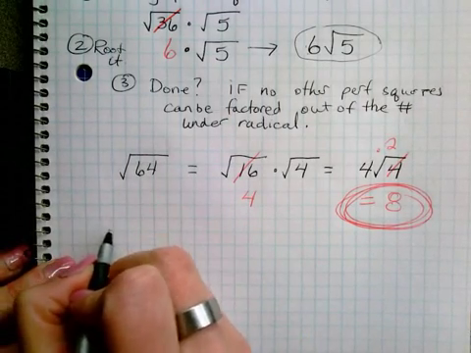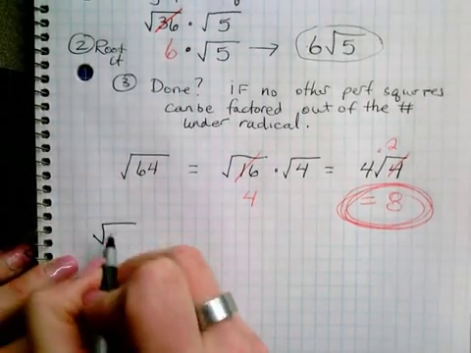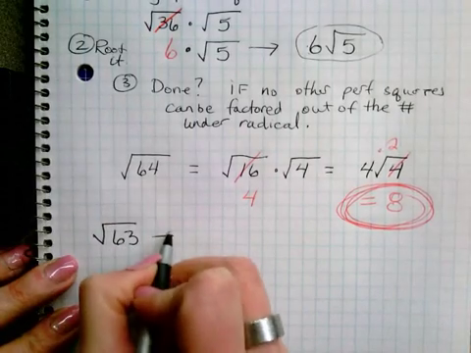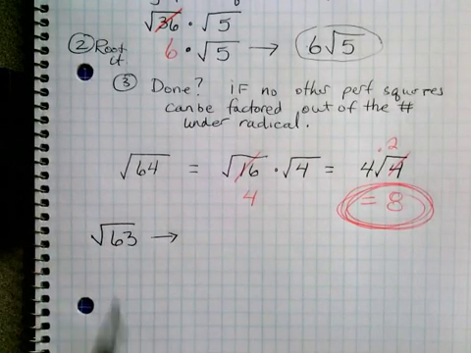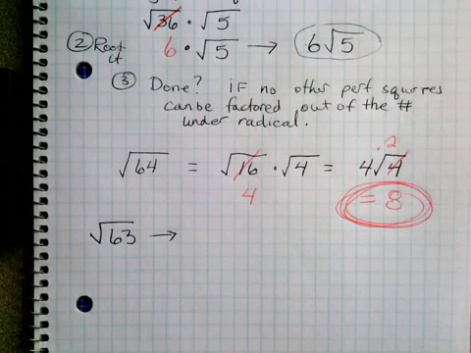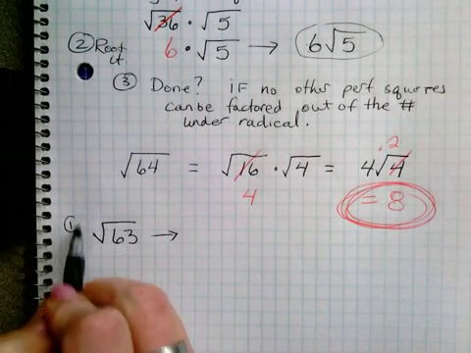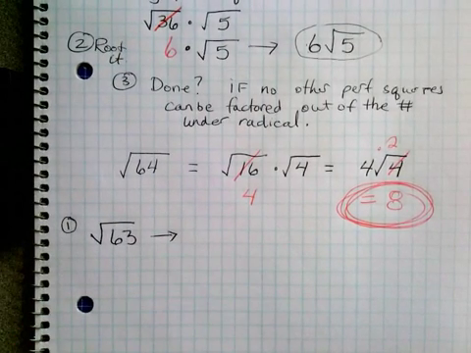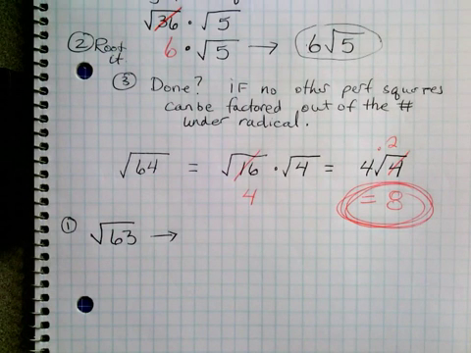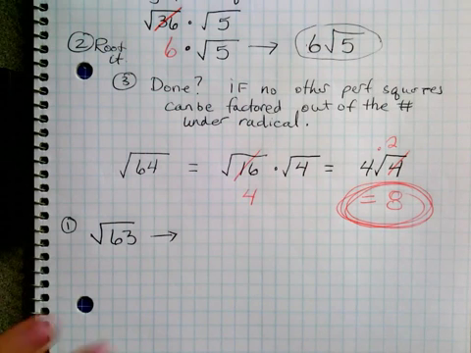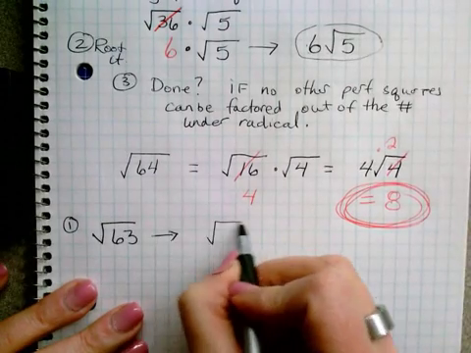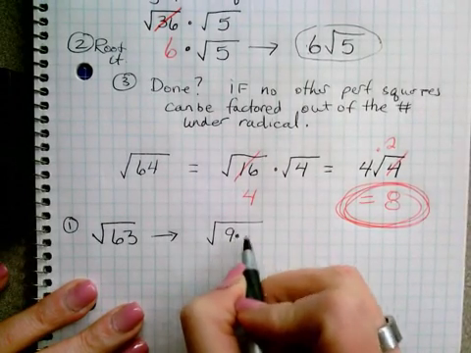Here's an example like number 1. Radical 63. Unlike radical 64, this isn't a perfect square. This is actually checkpoint 1. Give me some factors of 63, one of whom is a perfect square. 9 and 7 is right. So it is 9 times 7.